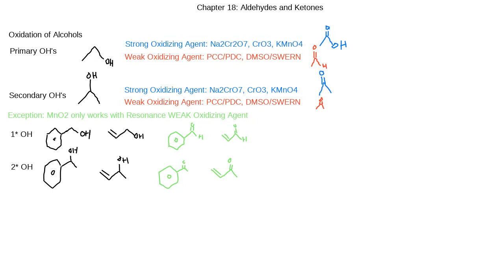So you might have noticed or questioned why we're only doing primary and secondary and not tertiary. And I'll show you exactly why. Let's say we have a tertiary alcohol and we want to oxidize it.